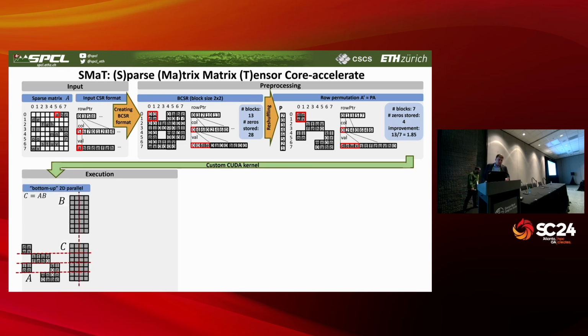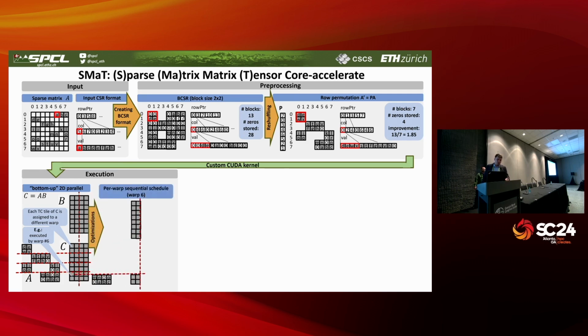So, in our custom CUDA kernel, we perform a bottom-up parallel scheme. Each warp is assigned to a single Tensor Core tile, as you can see on this matrix C. We perform optimizations per warp. The first optimization we perform is skipping empty blocks using the BCSR format.